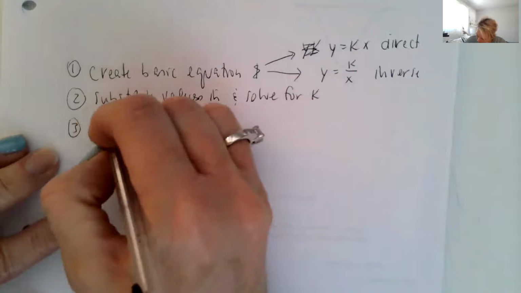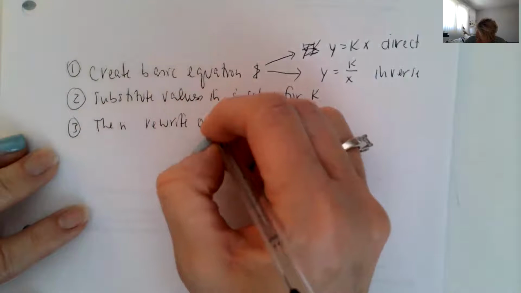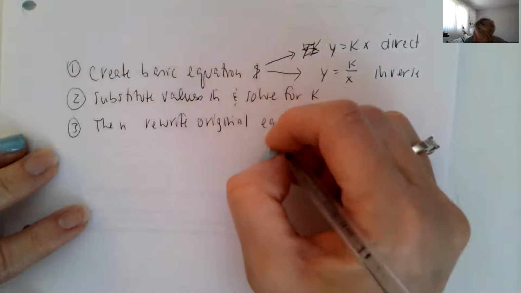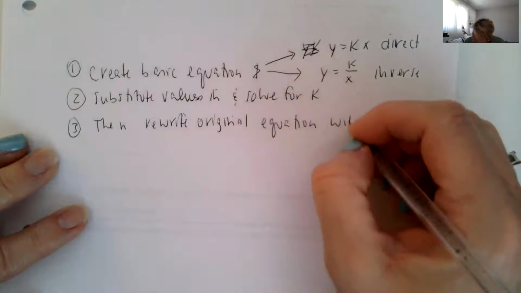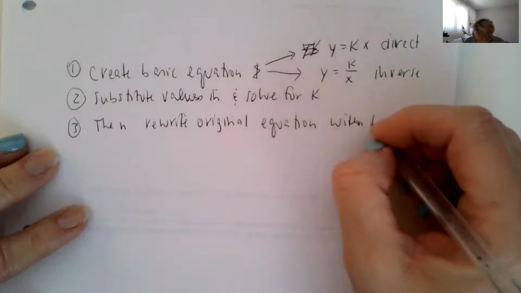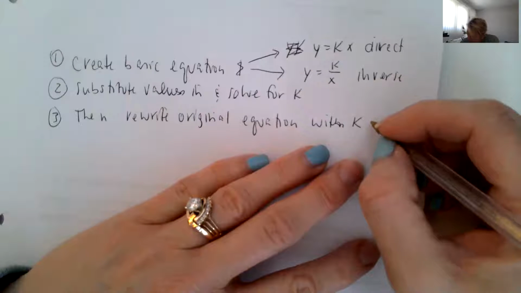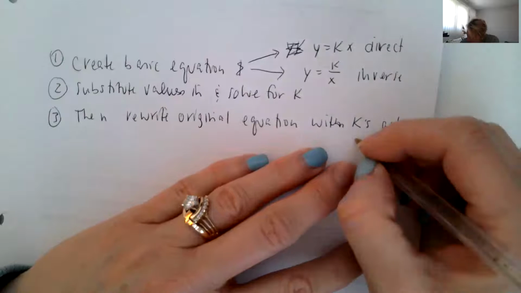Then rewrite the original equation with k's actual value once you find it.